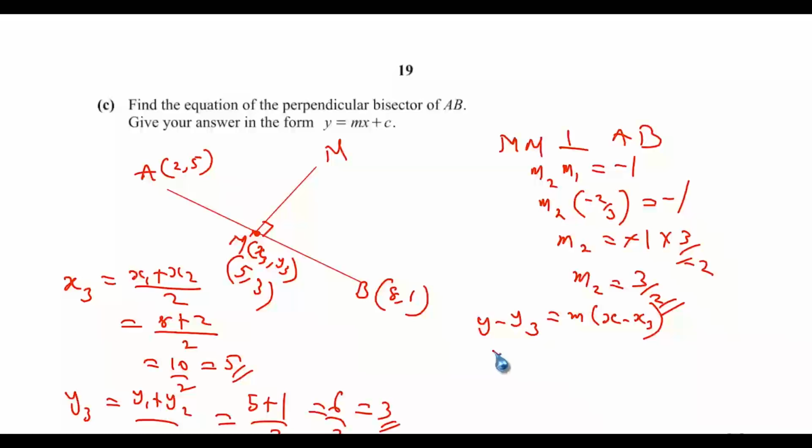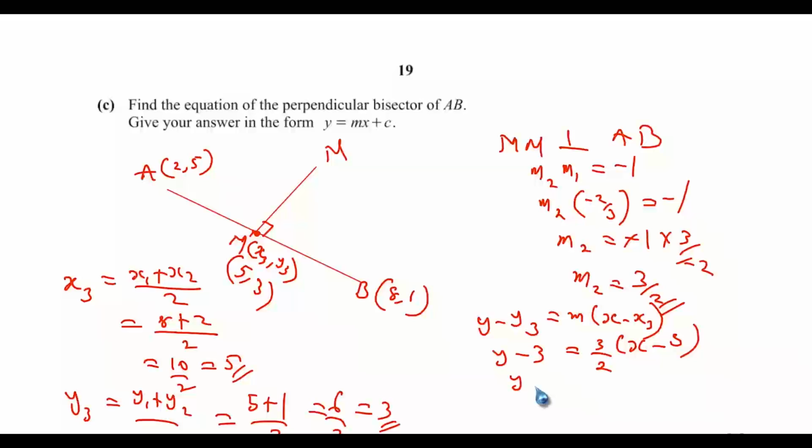That will be y minus 3 equals m into x minus x3, which is 5. Okay, so let's substitute the gradient. The gradient is 3 over 2. So if you simplify this, you get y equal to 3 over 2x minus 9 over 2.